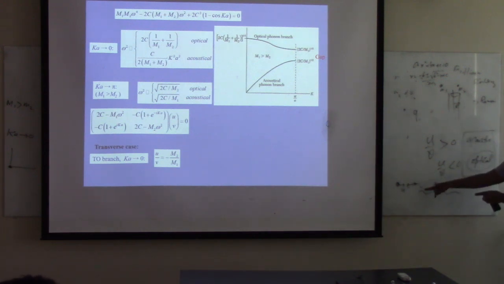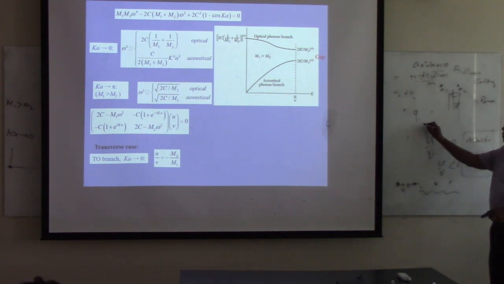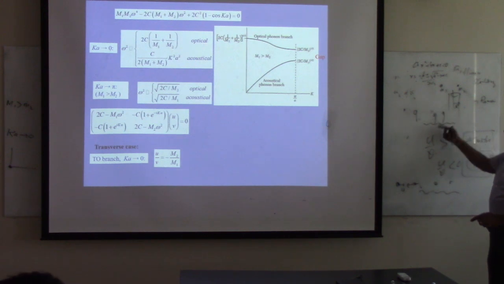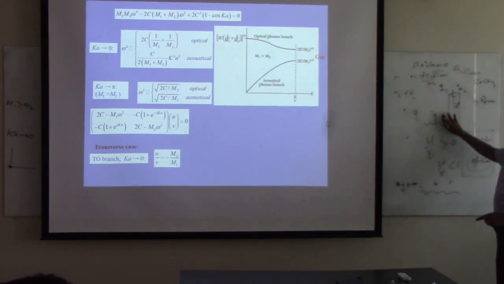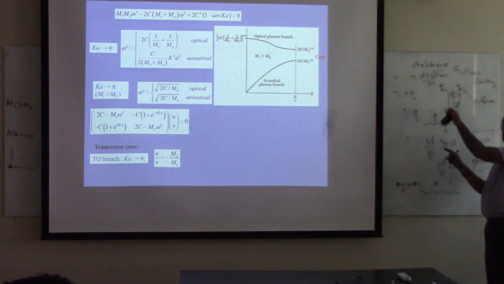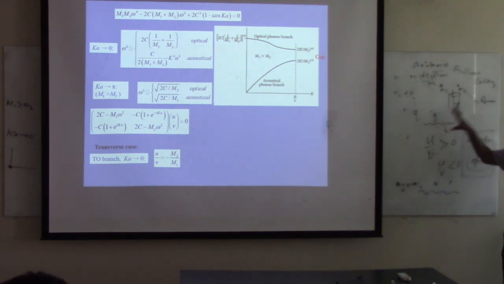Still, this is optical, longitudinal. But if the wave is moving this way and particles are both moving the same way, that means these are transverse, and this is acoustic. Suppose the wave is moving this way, and one goes up and the other goes down, that means it is still a transverse optical mode.